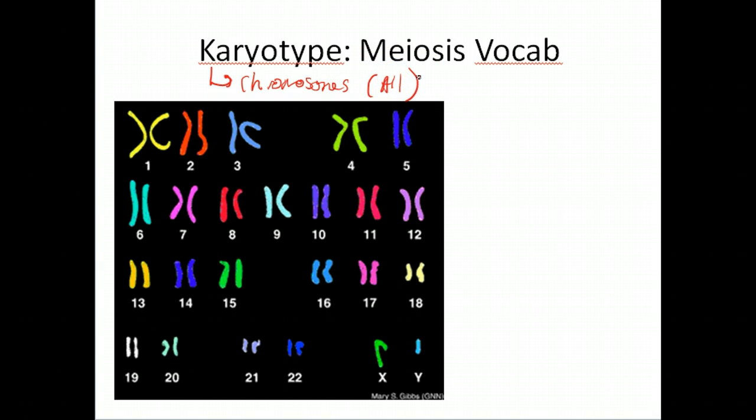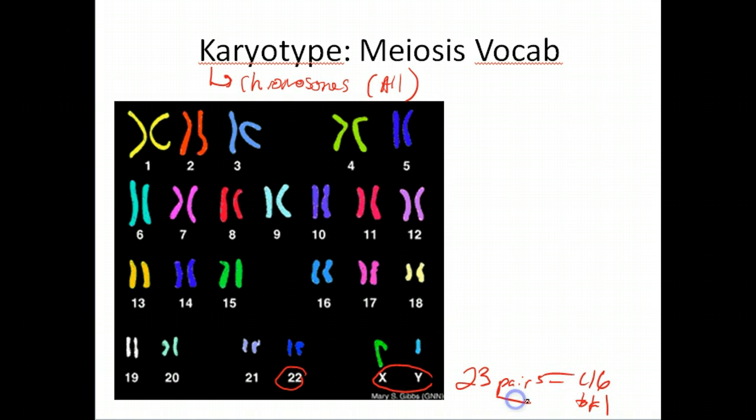Now, human beings have a total of 46 chromosomes in their body cells. That's not their sex cells, it's their body cells. So this karyotype right here contains 23 pairs. You've got 22, and this X and Y stand for the 23rd pair. So 23 pairs, and that equals 46 total.